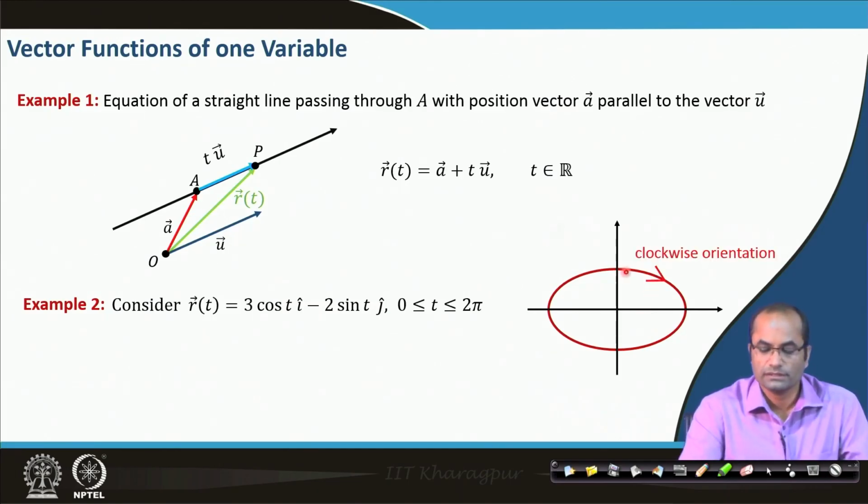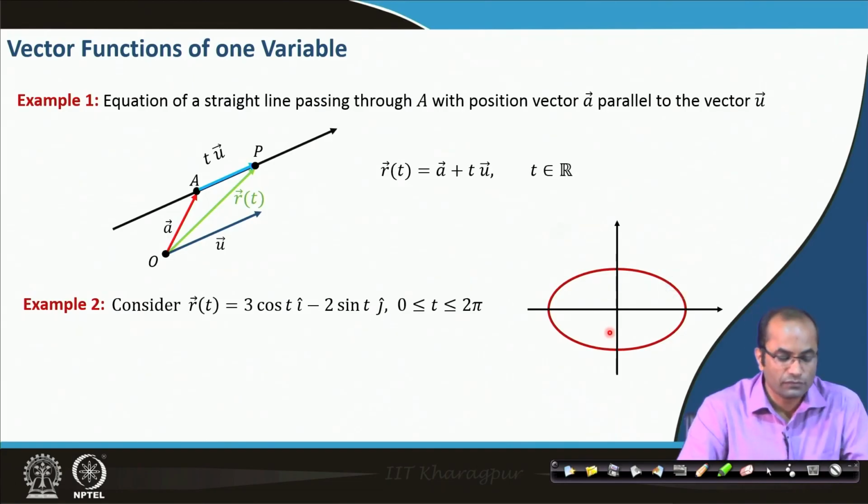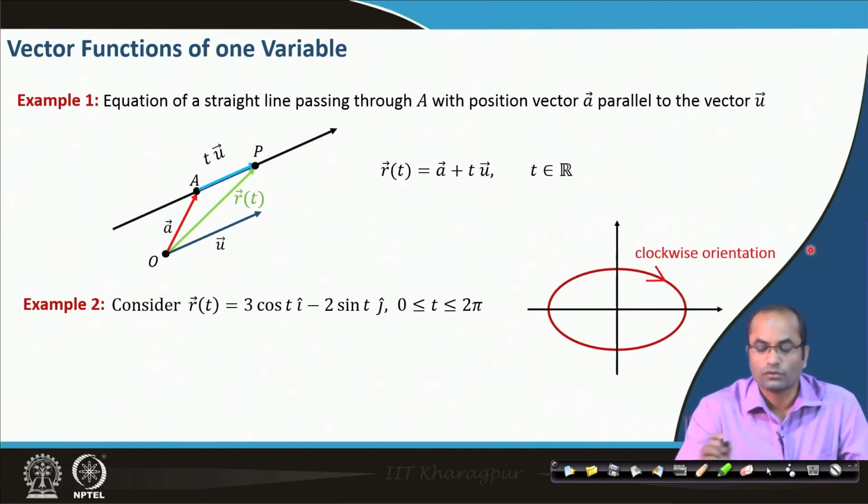For instance, here the orientation of this curve is clockwise, which is described by the increasing direction of t. As we increase t, we are moving in this clockwise direction, and therefore we call it the clockwise orientation of this curve.